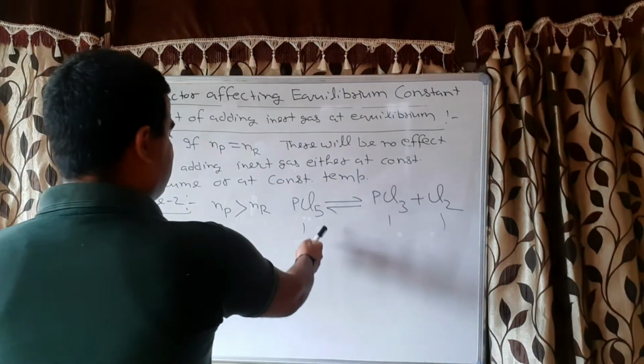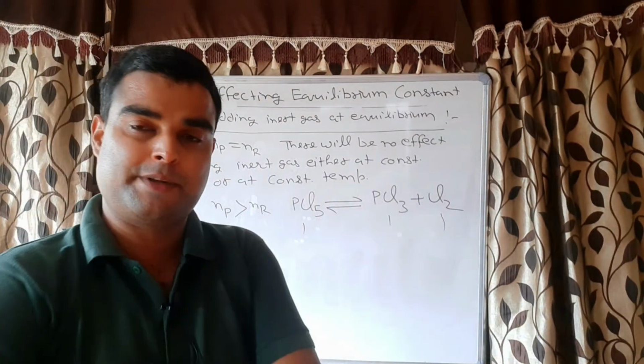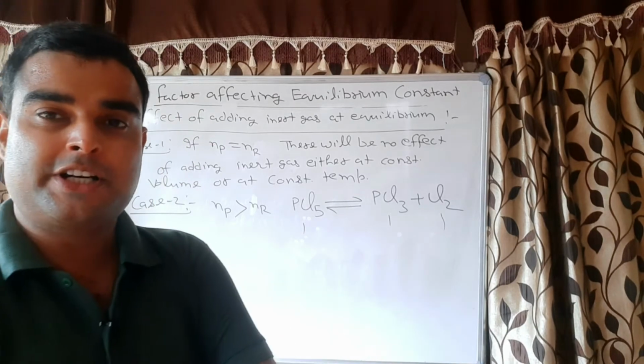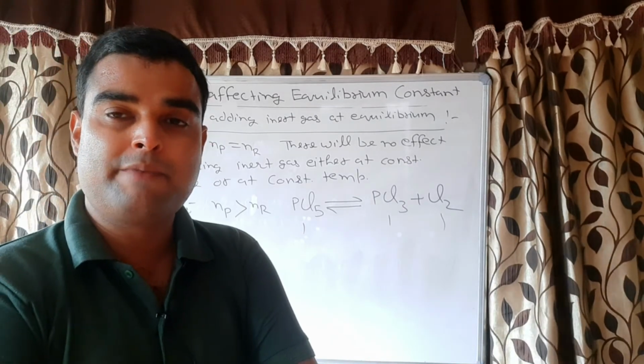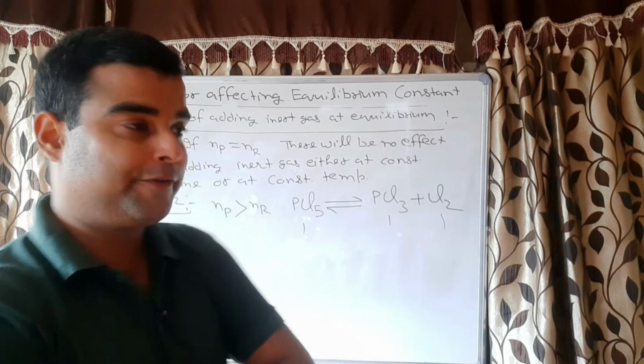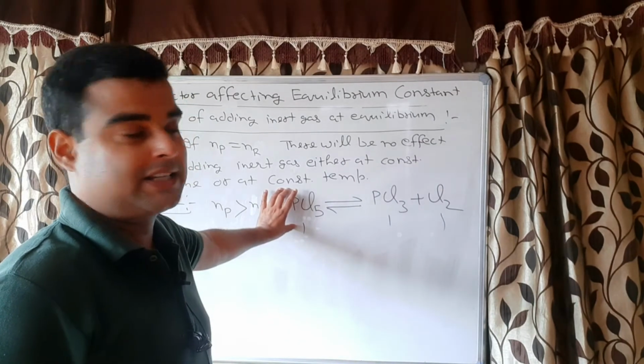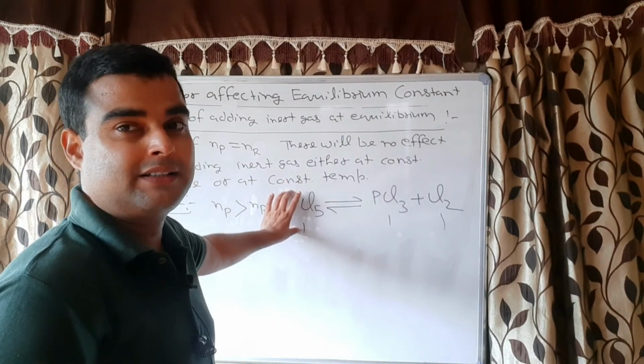When it will increase the concentration of the reactant, then as per the Le-Chatelier principle, the equilibrium will move in that direction in which it will undo the effect. Now concentration of the reactant is increased. Now how it will undo the effect?